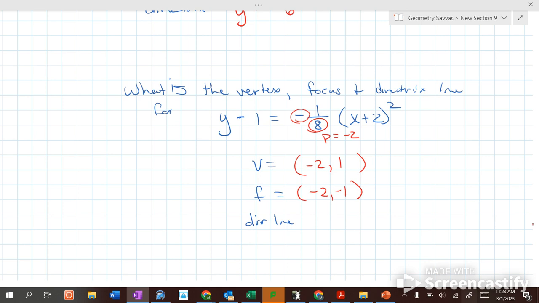Negative 2, negative 1. The directrix line is the opposite direction from the focus, so what's 2 above the vertex? y already equals positive 1 here. What's 2 above that? y equals 3.